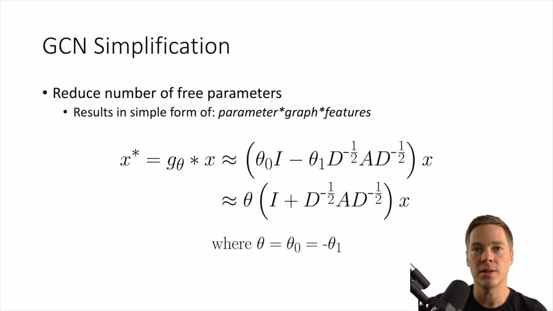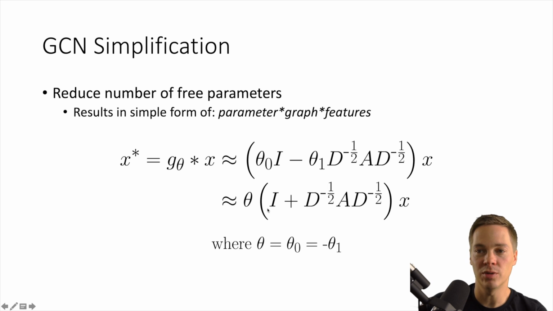The second thing they introduce is that they reduce the number of free parameters that the model has. The original form has theta 0 multiplied by the identity minus theta 1, which multiplies this graph structure piece. But by setting theta 0 equals minus theta 1, we can factor out this common theta parameter, and it absorbs this negative sign here.